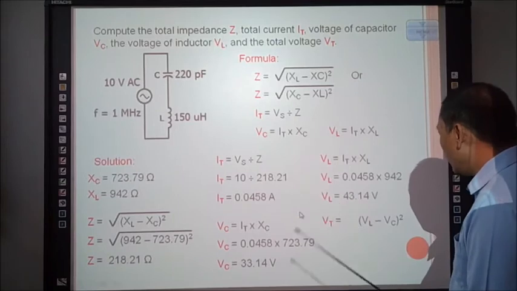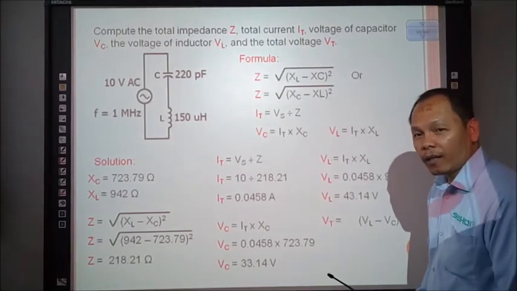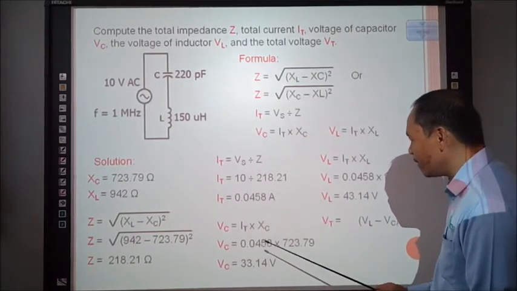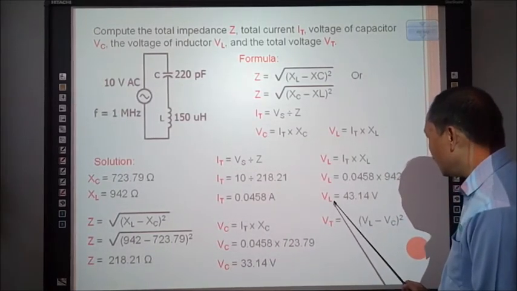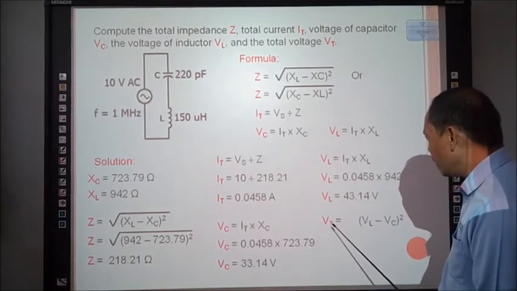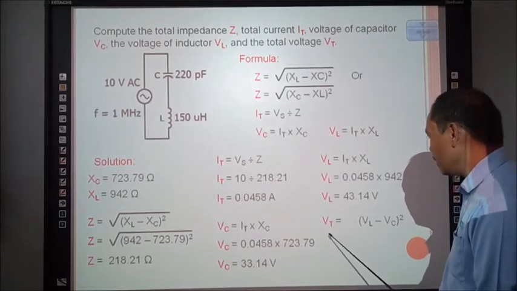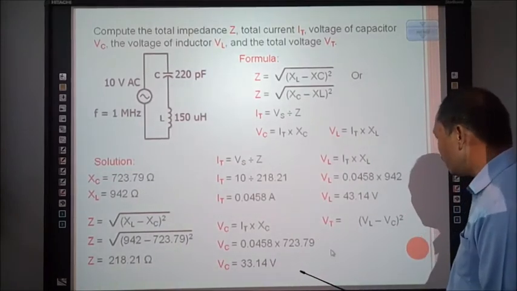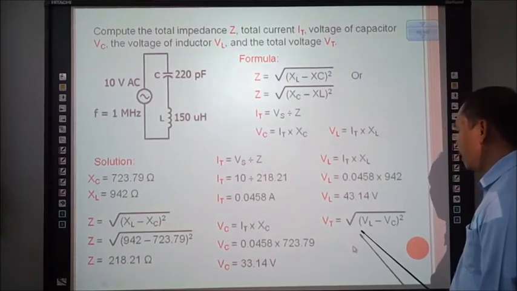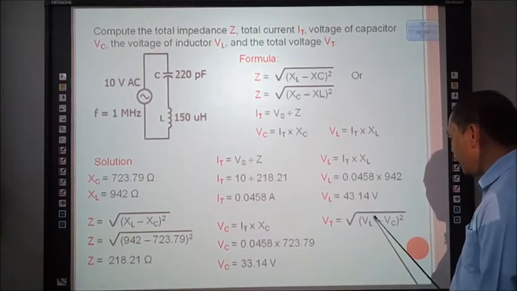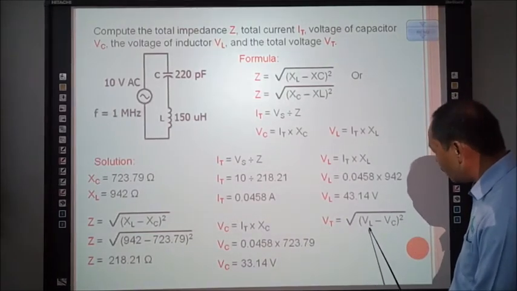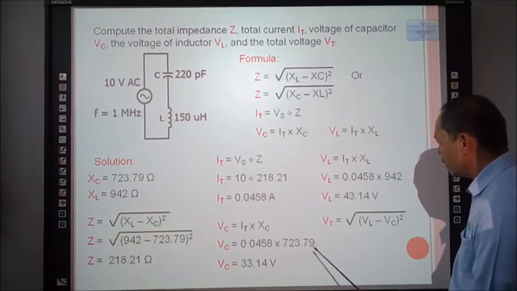Then we are going to check if this capacitor voltage is correct or not, and the inductor voltage is correct or not. So we are going to check by solving the total voltage. The formula of total voltage is equal to the square root of open parenthesis VL minus VC, close parenthesis, squared. Substitute the values of VL and VC.